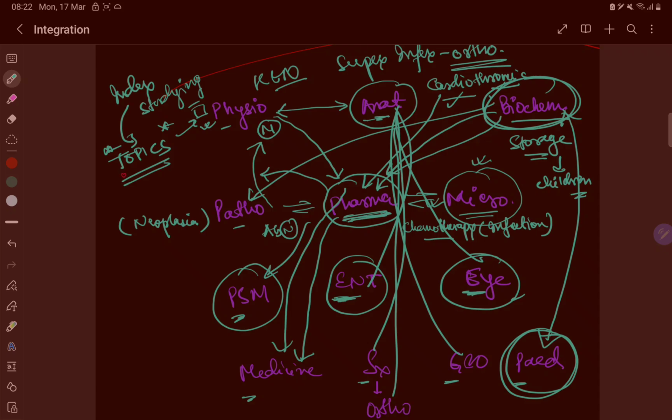When you study a topic in pathology, suppose a particular tumor is coming, maybe from the ortho department, from the hand. The tumor is from the hand, so you go and revise the anatomy of the hand: where it is happening, why it is happening, how it is happening.